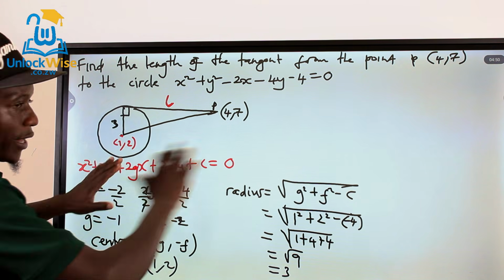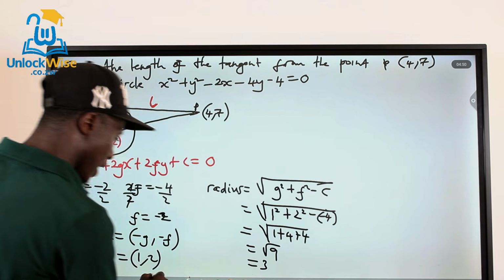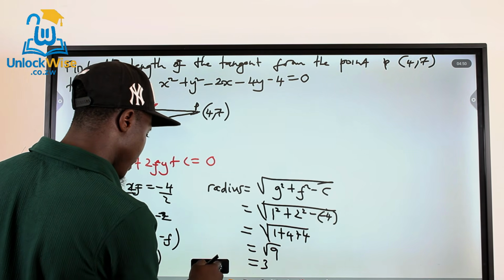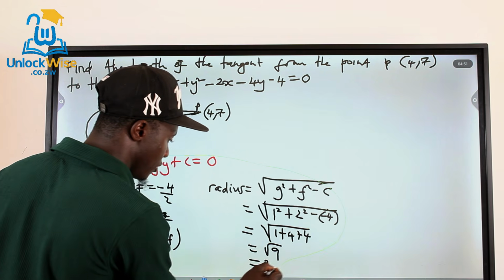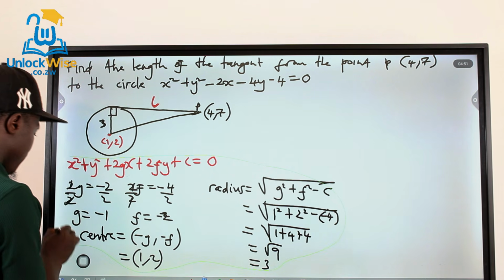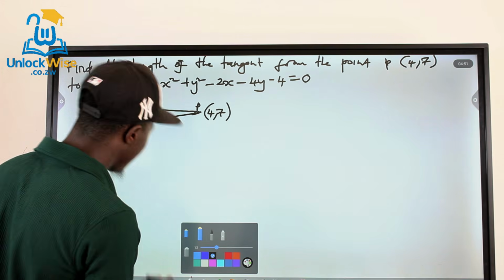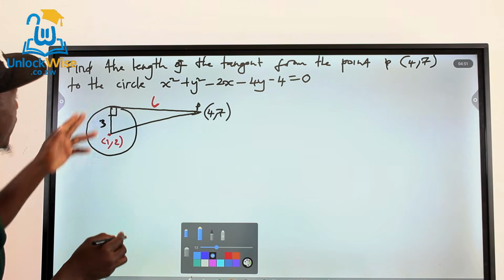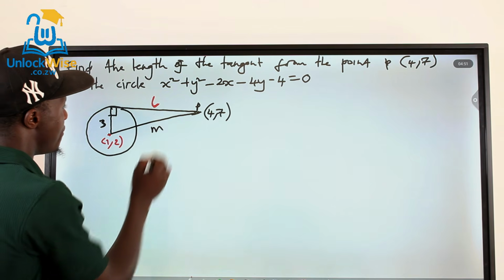Now I already have what I need to find the length, so I can clear this part because it has helped us find what we wanted. Now that we have the radius, I'm going to call this side m.